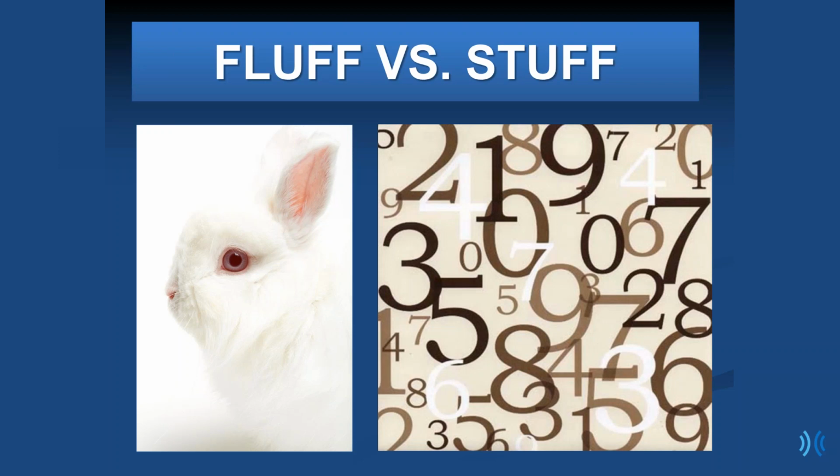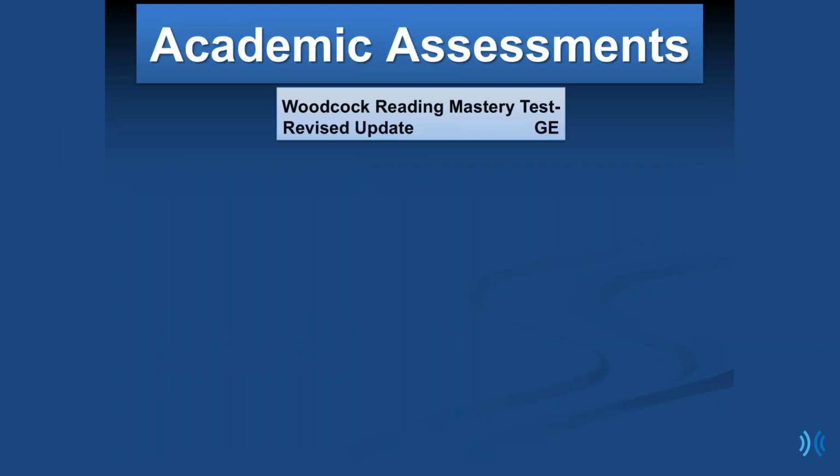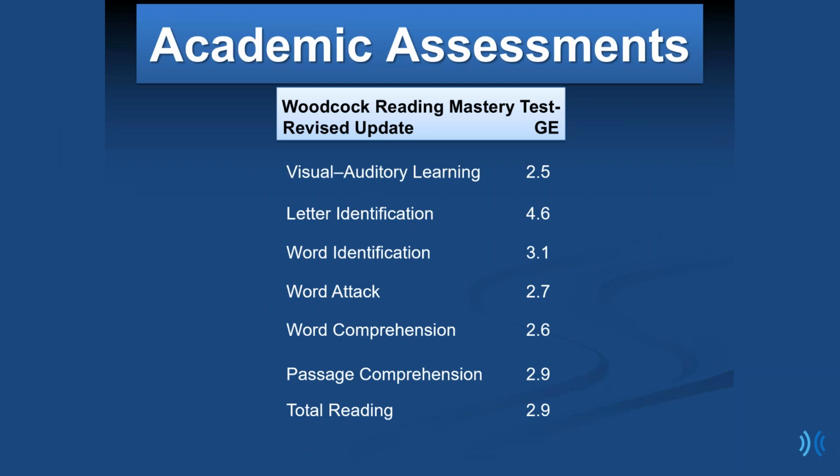I'm going to give you an example of fluff data that I think shows up way too often, and here's one of those things you're going to want to watch out for when you're sitting in on meetings to talk about data. The issue here isn't that we're talking about the Woodcock Reading Mastery Test. The issue is the scores that are reported, and these scores are reported as grade equivalents. And I'm going to tell you straight up front, grade equivalents are not the same thing as grade level.